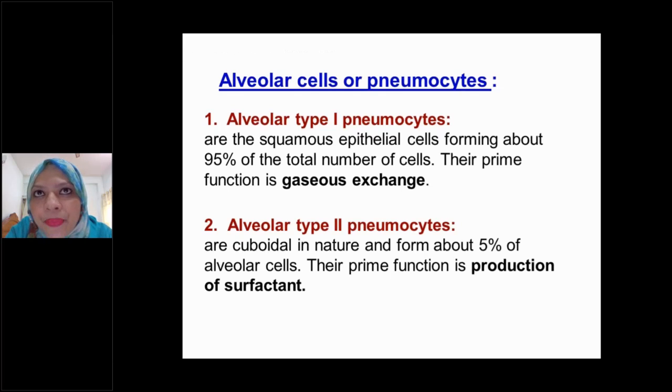Again, I am repeating: alveolar macrophages, that is dust cell, then plasma cells, mast cells, lymphocytes, and neuroendocrine cells.